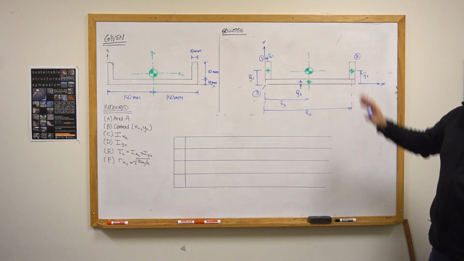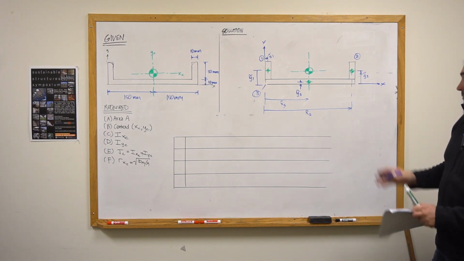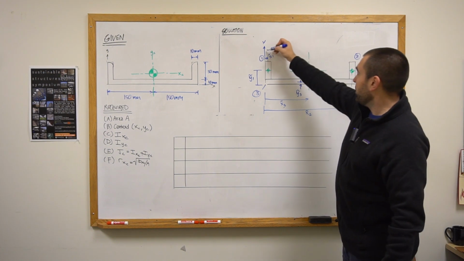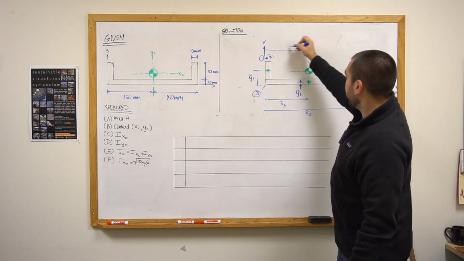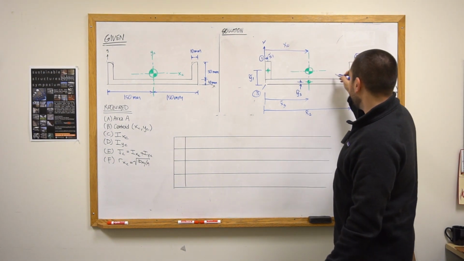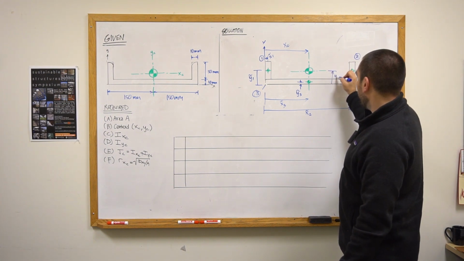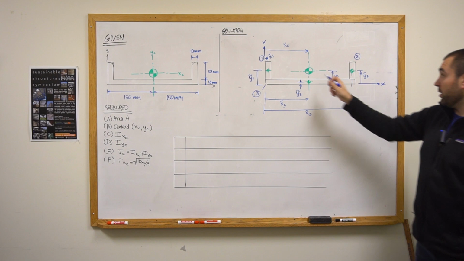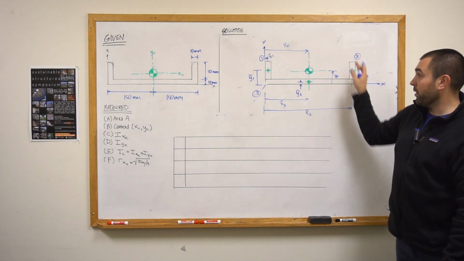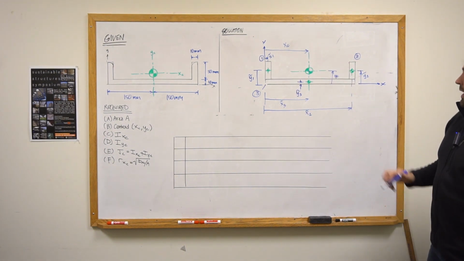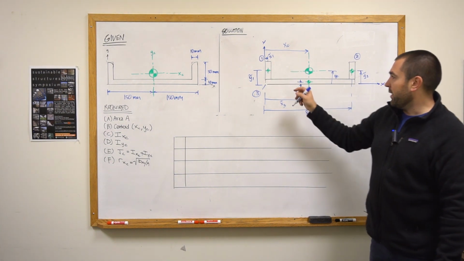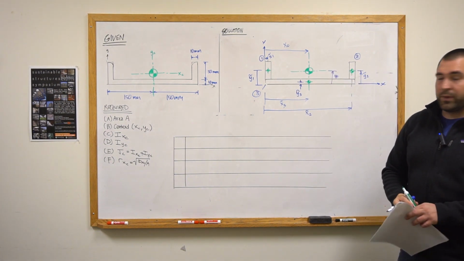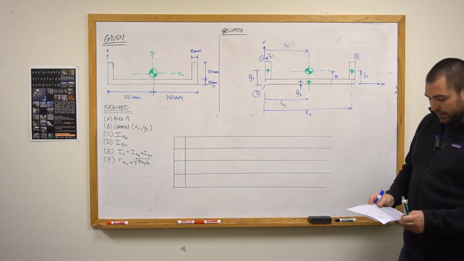Okay, so I have each of the locations of the centroids shown. I might as well show the distance for x sub c and for y sub c. Those are the coordinates, or the location, of the centroid of the overall shape. So I have not only the centroid of each individual subshape, but the overall centroid shown as well, and that's going to come in handy a little bit later on.